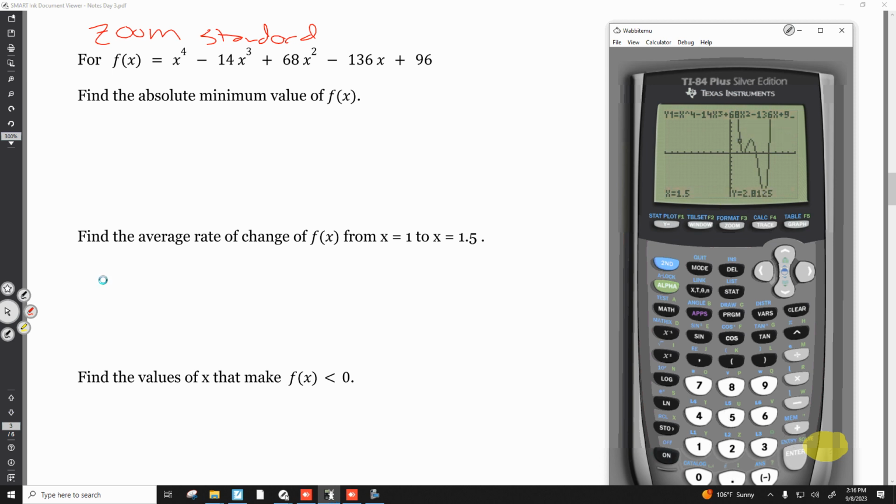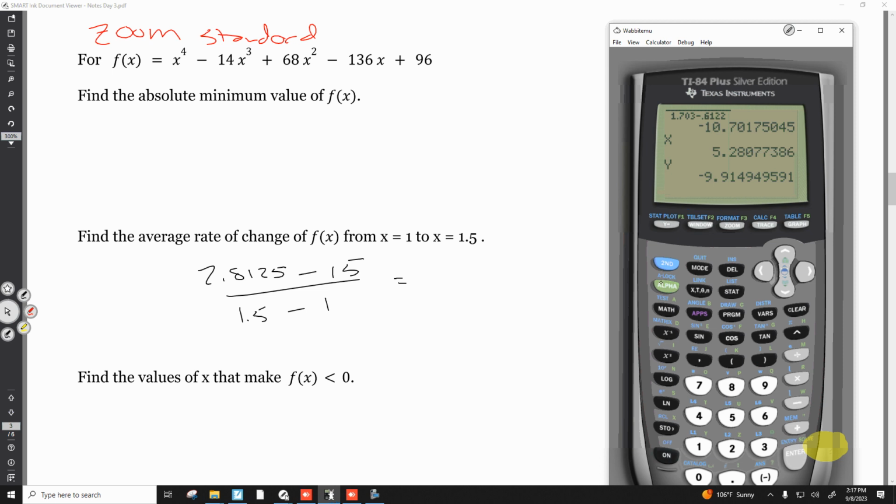I can do 2.8125 minus what was f(1), 15, over 1.5 minus 1. You could do that. You could also do, what was the new trick we learned?